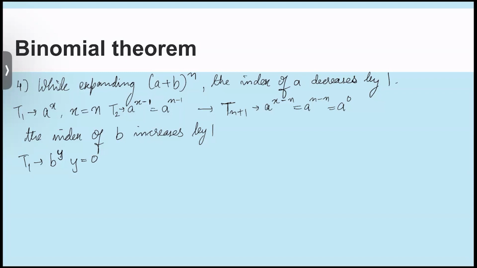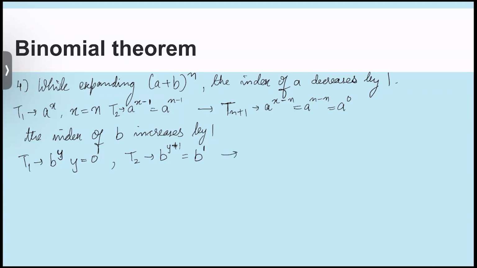But we have to always keep in mind that the index of B will start with 0 in the first term. So in T2, the second term, you will have B raised to y plus 1. Now your y in the start was 0, so that would be B raised to 1.